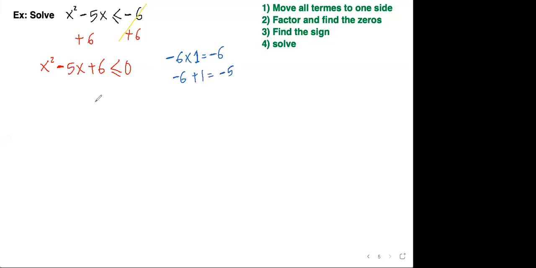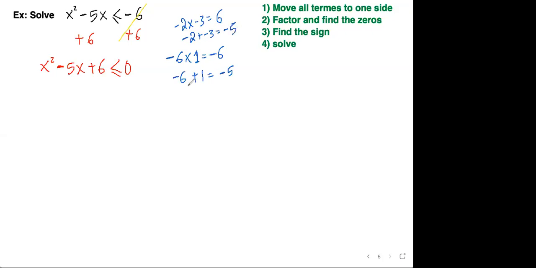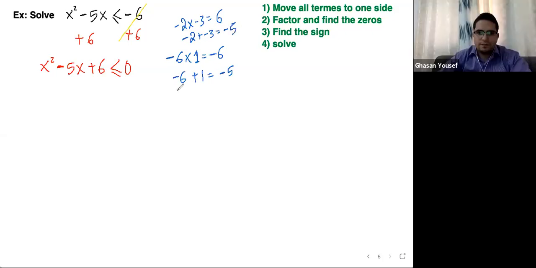What if we do -2 and -3? -2 times -3, what do I get? +6. And -2 plus -3, what do I get? -5. So both of them are correct, right? Oh, here, this is not correct. -6 times 1 is -6, but here we need +6.